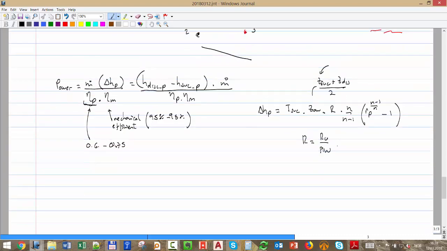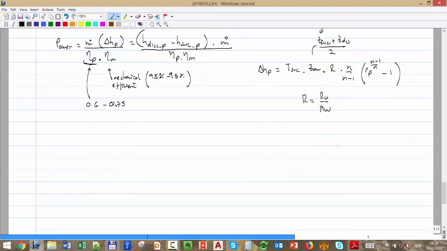Okay, so let's talk here about, I'm going to call this section, let's call it simplified method to estimate compressor requirements or compression requirements.